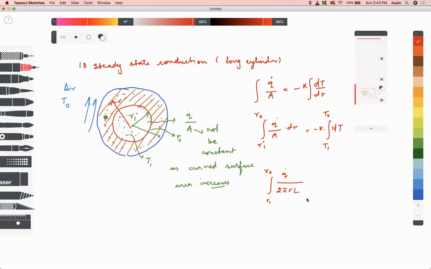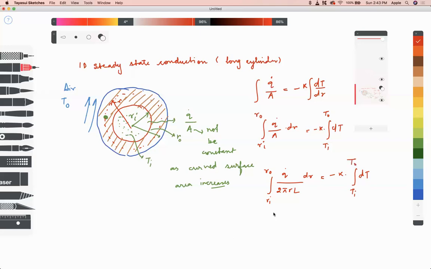Length of the pipe is the same from the inner radius to outer radius, that is not changing, so that will only be r dr, and here we will get minus K into dT from Ti to T naught.